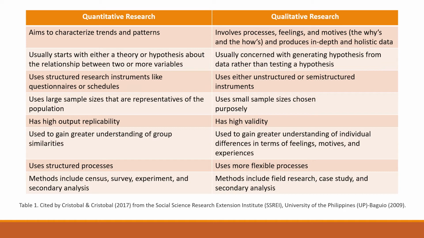It uses small sample sizes chosen purposely. It has high validity. It's used to gain greater understanding of individual differences in terms of feelings, motives, and experiences. It uses more flexible processes. Methods include field research, case study, and secondary analysis.